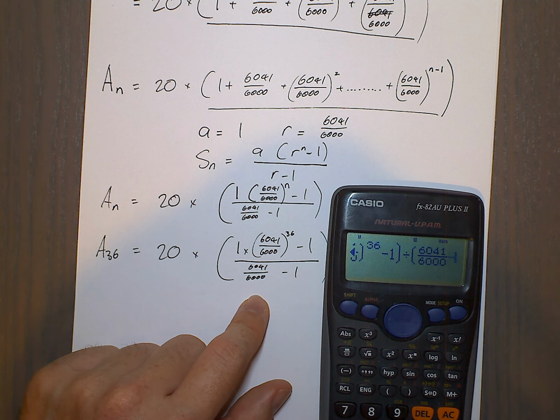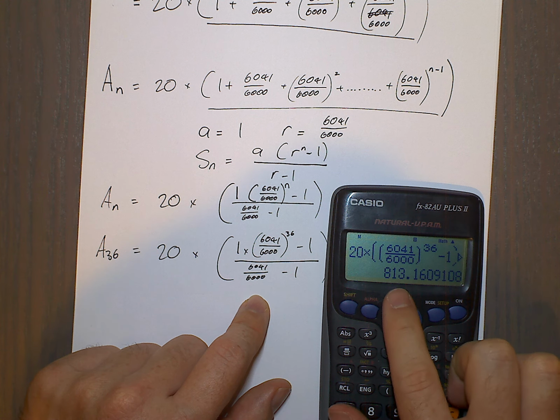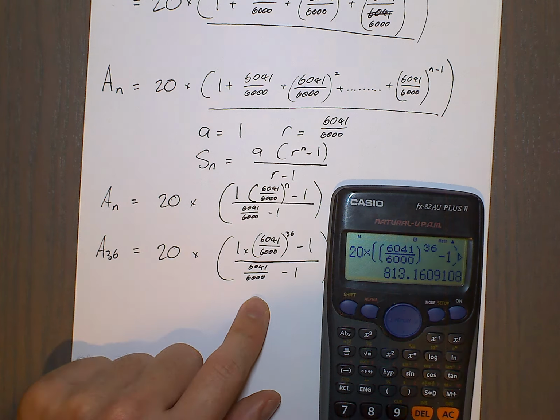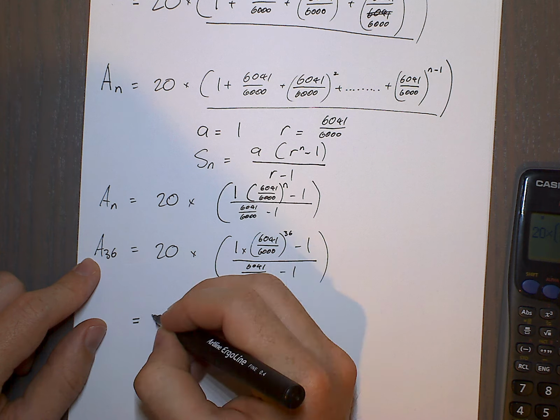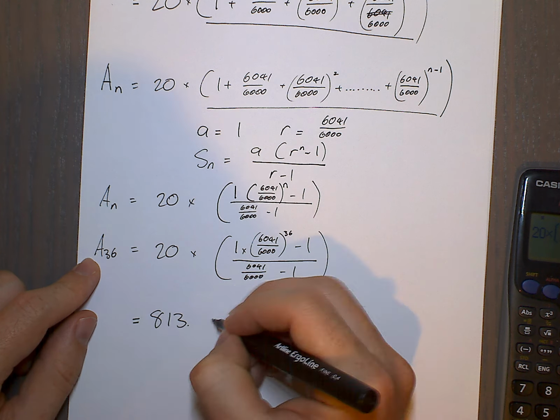If you can tell, I do like brackets, it just makes it easier. And there we go, $813.16.